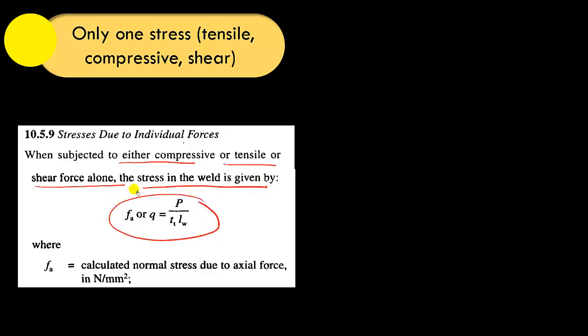This formula is P divided by t_t times l_w, and f_a is the calculated normal stress due to the axial force, in Newton per millimeter square.